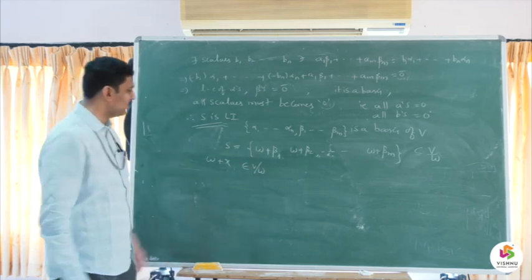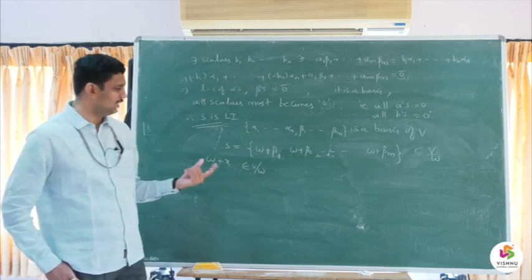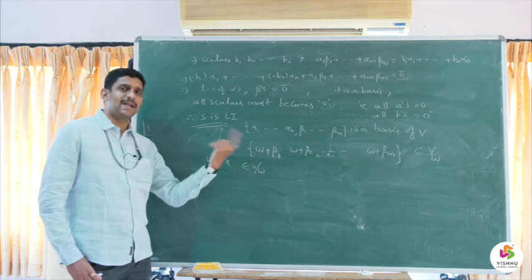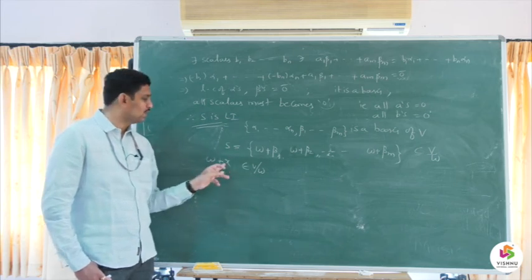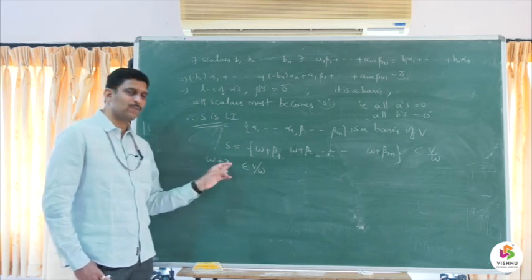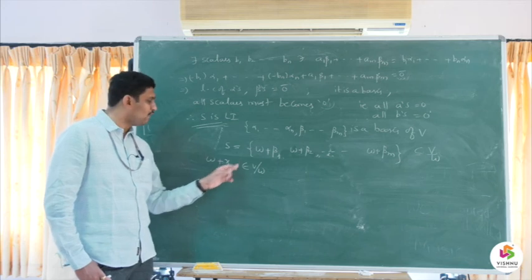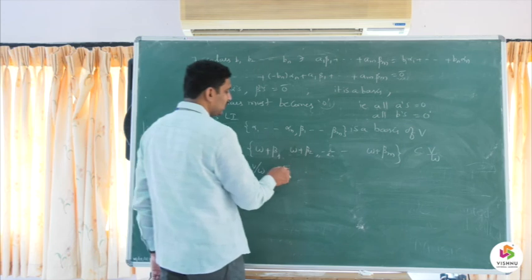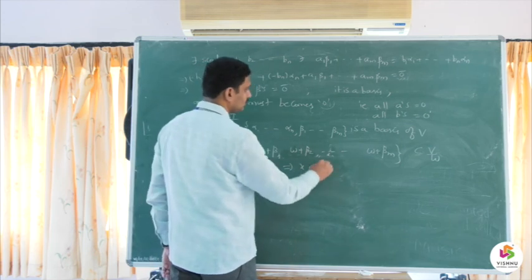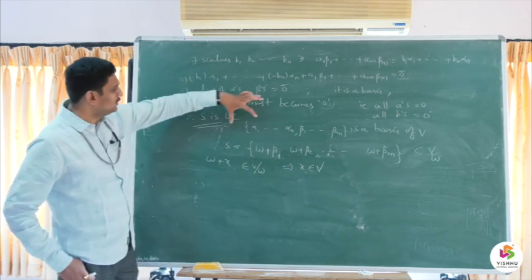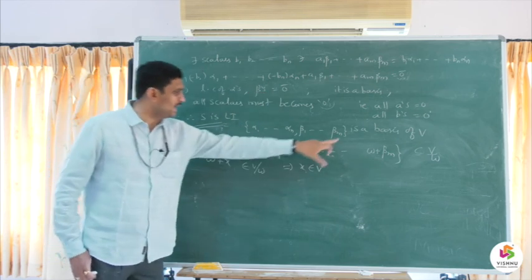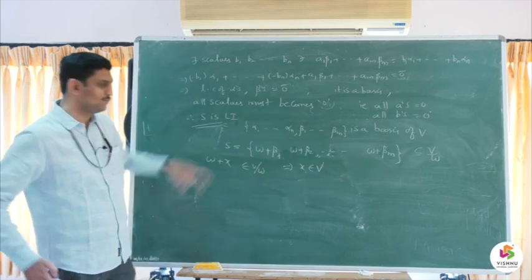Immediately from the definition, how do we form a coset? For every value in V, W will be added, that is the corresponding coset. So here it is of the form W plus X, that means for X, W is added. So we can say X belongs to V. As we know, this is a basis for V. So for every element in V, you can write a linear combination using this basis.